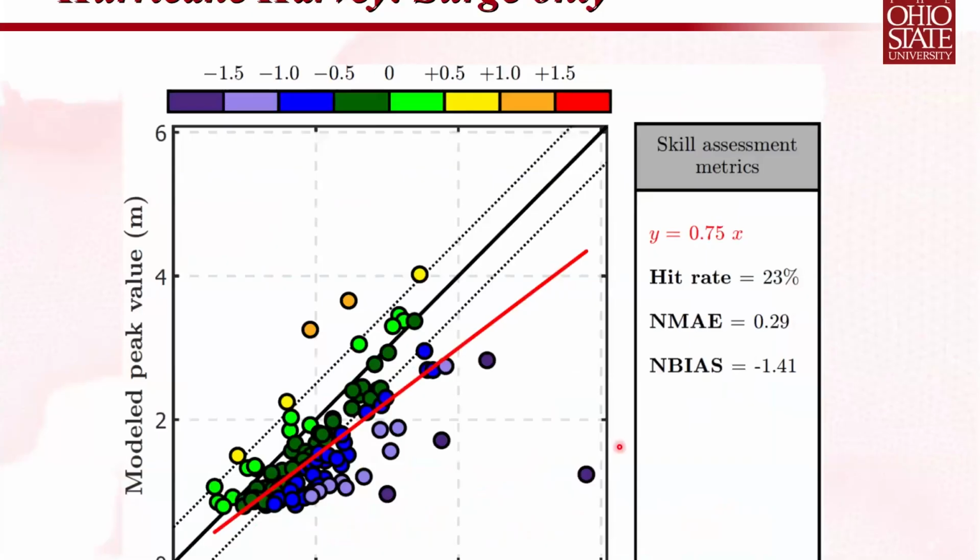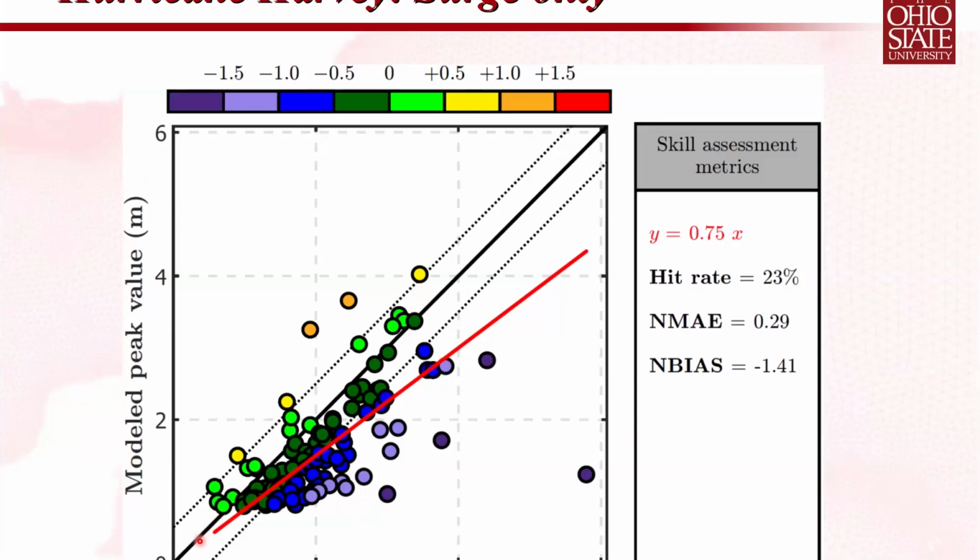And then I'll end with these two pictures because I think this really brings the point home. Again, if you look at high water marks in the area and compare the observed peak values, shown on the horizontal axis here, to the modeled peak values, we can get one of these scatter plots.